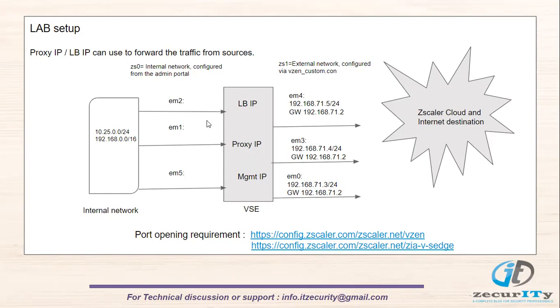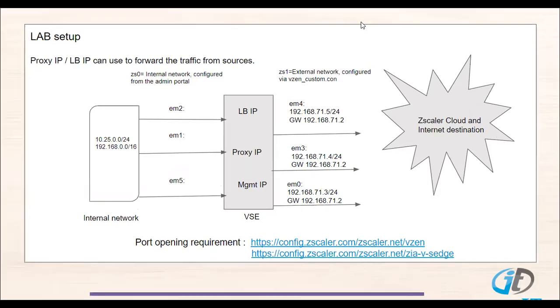You can see the internal IP addresses are in the 192.168.190 subnet, and the externals are in the 192.168.71 subnet. The port recommendations, as I said earlier, you need to go to this path to ensure that appropriate ports are opened for your corporate.